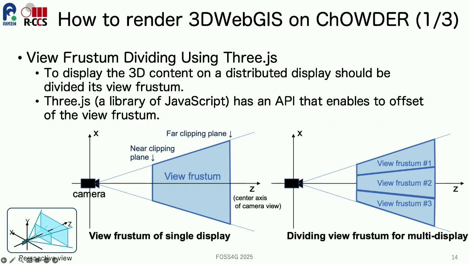The right one divides it into 3 frustums for 3 distributed displays. So we want to do this to render 3D GIS on ChOWDER. And we found that three.js, a JavaScript library, has an API that enables offsetting the view frustum.